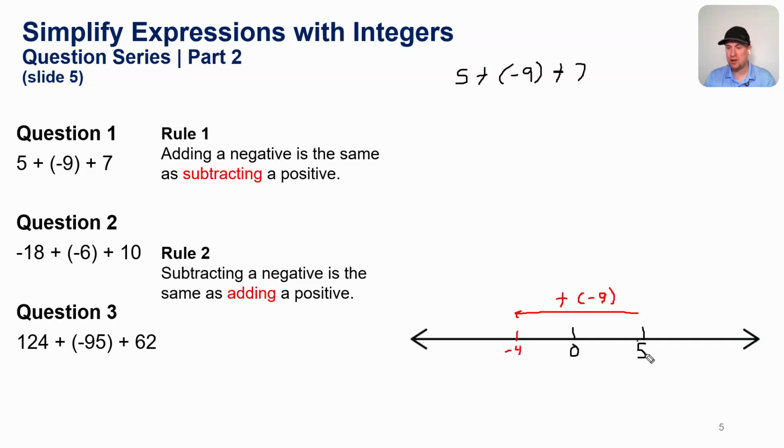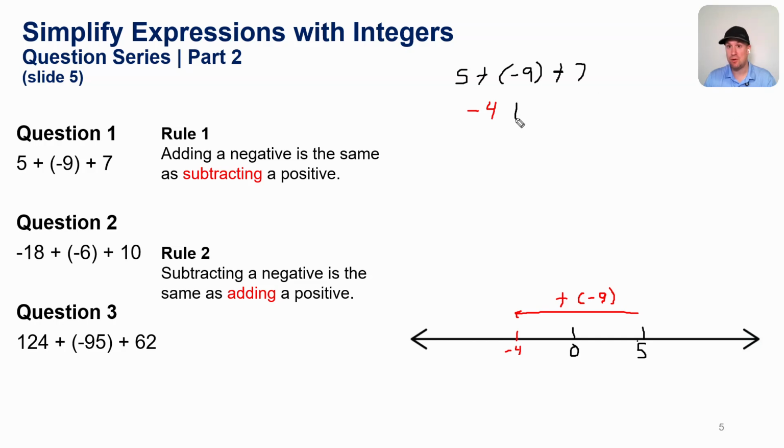In other words, for me to go from 5 to 0, that's 5 total units. And then I have another 4 units to go out of this 9, right? So our first step here, if I do 5 plus a negative 9, I end up at a negative 4.